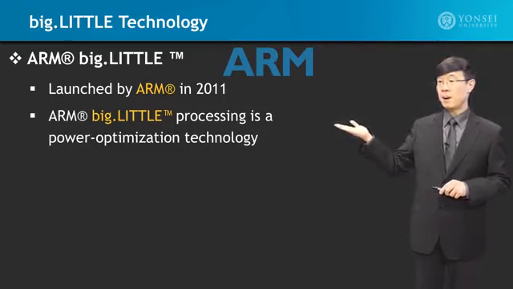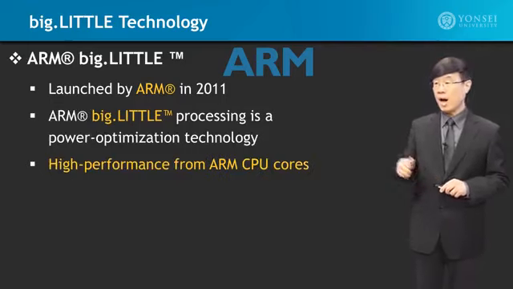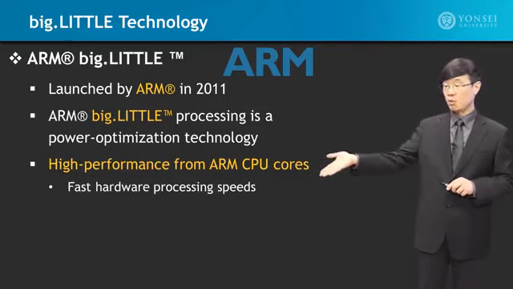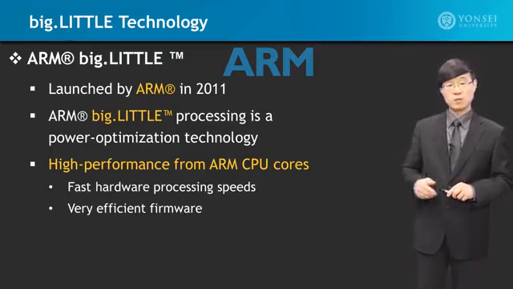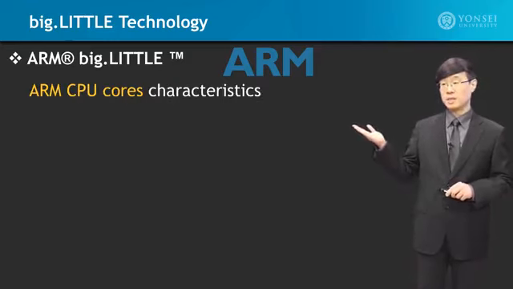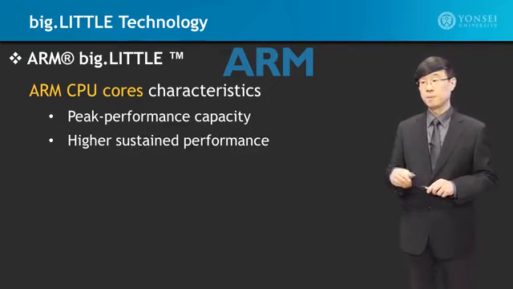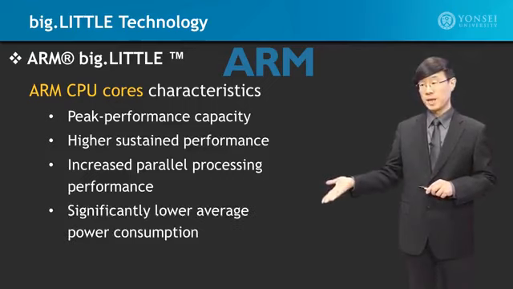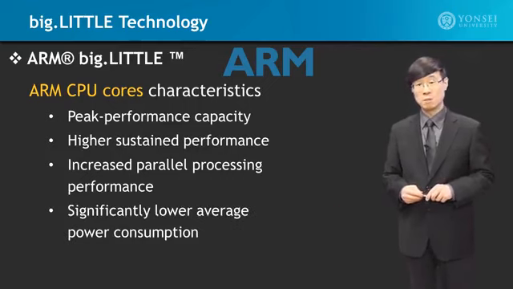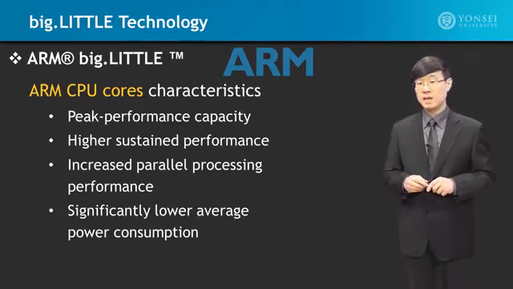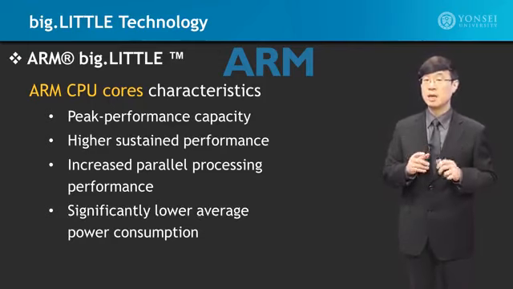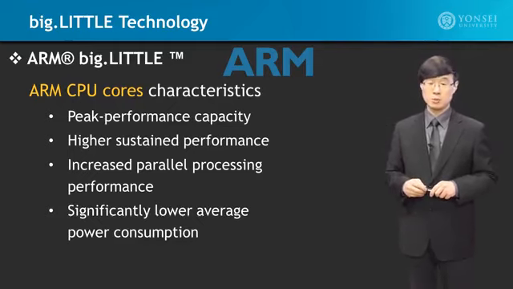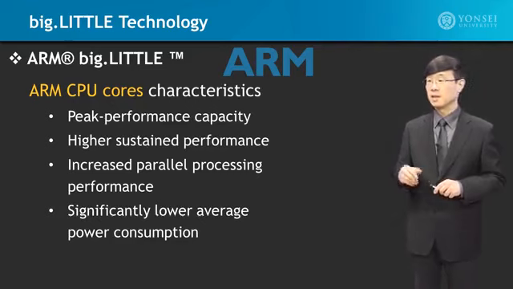It is a processing power optimization technology where high performance from ARM CPU cores is obtained through fast hardware processing speeds, very efficient firmware, and the characteristics are peak performance capacity, higher sustained performance, increased parallel processing performance, and significantly lower average power consumption. The power consumption gain comes from intelligently using the big and the little cores based upon how much of a load of operation is required. We'll get into the details in the following.